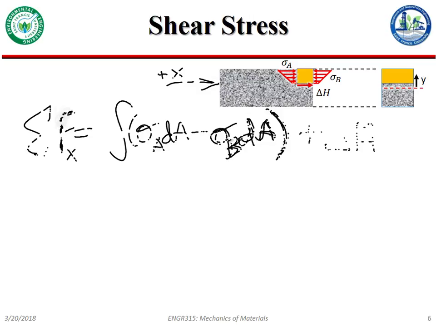So if we're integrating across some area, y going in that direction, y is not going to be constant, if we're adding up all the contributions stacked up along that element, cube, whatever you want to call it.